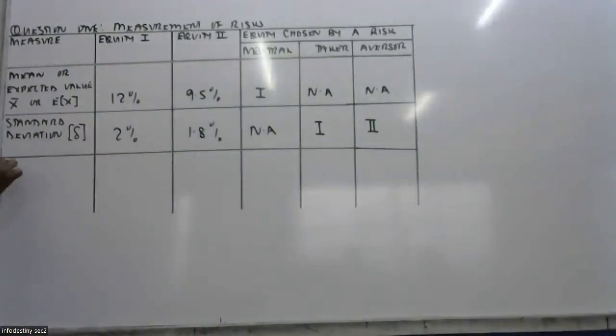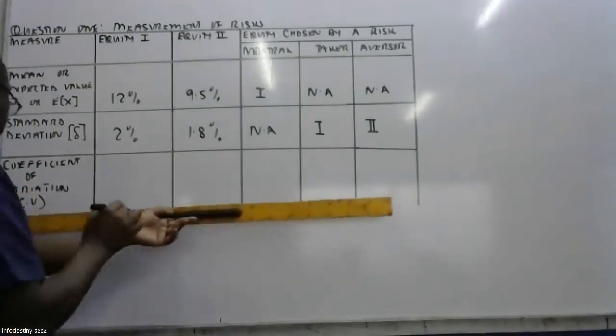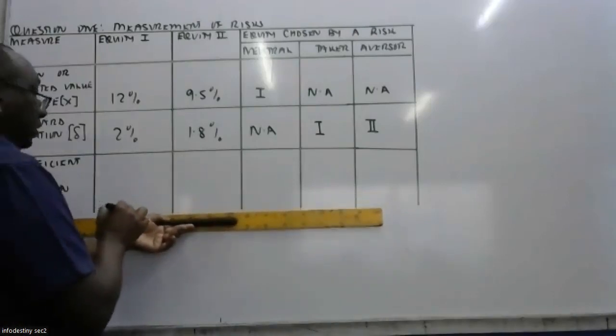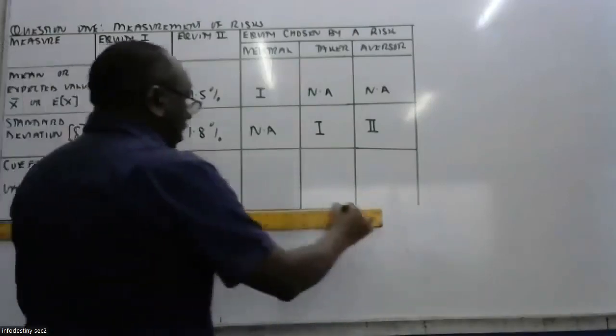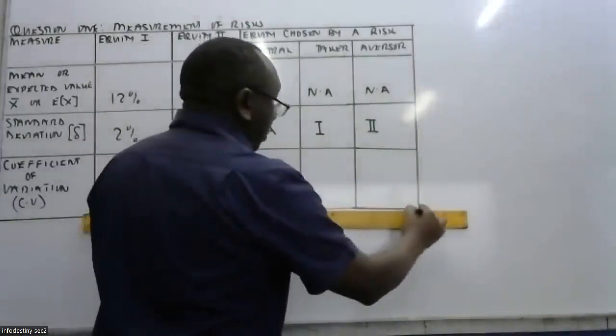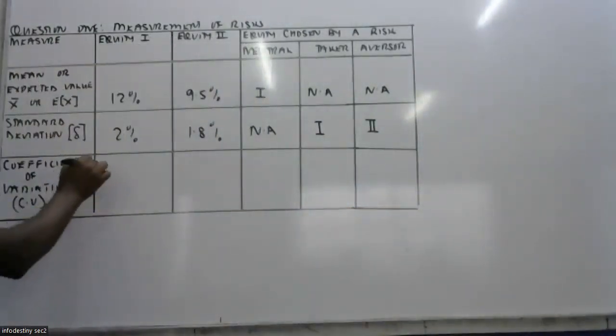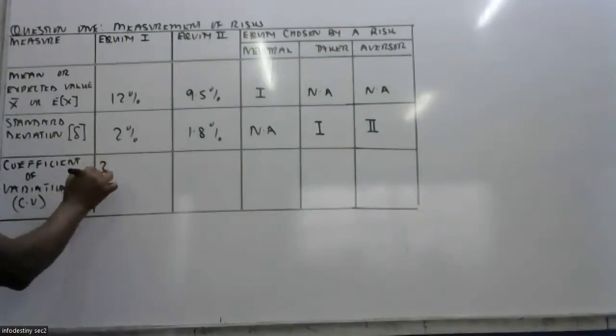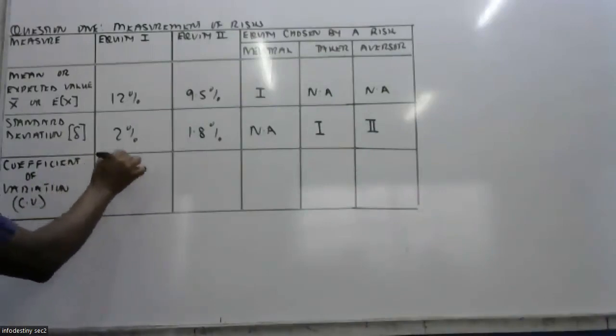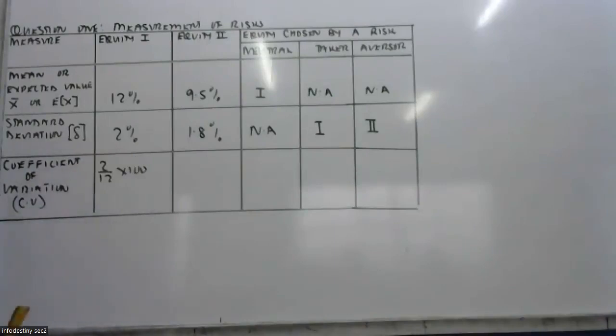Then the other one is called coefficient of variation, which we normally put as CV. We already know how it is computed from statistics.